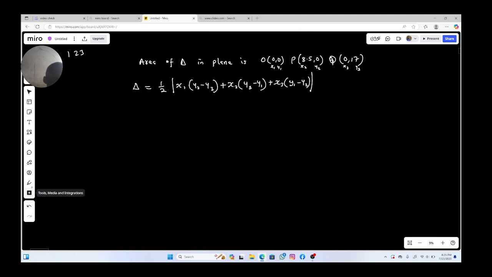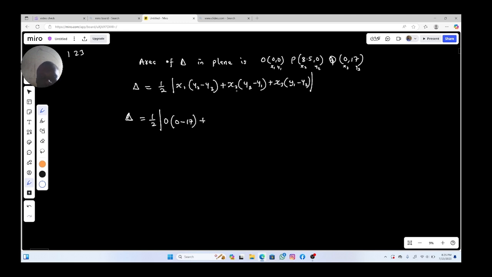So let's get it. Delta is equal to 1 over 2 modulus x1 is 0, so I have 0 multiplying y2 is 0 again, 0 minus y3 is 17, then plus x2 is 8.5 bracket y3 is 17 minus y1 is 0, then plus x3 is 0 bracket y1 is 0 minus y2 is 0.